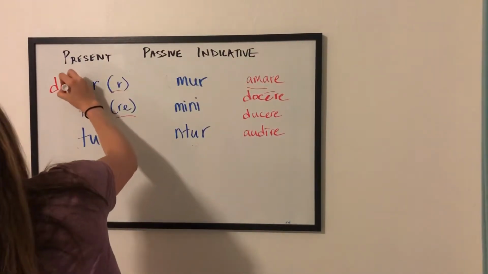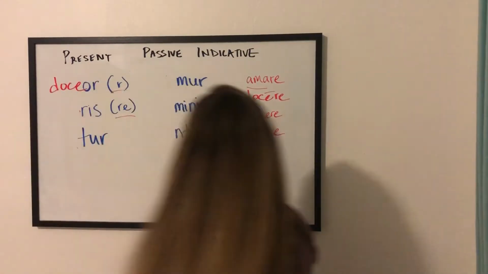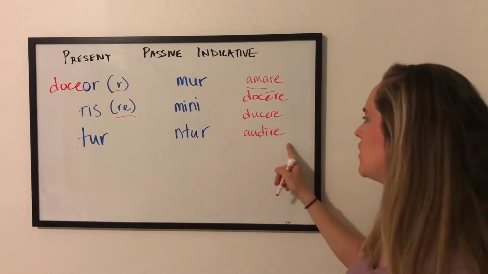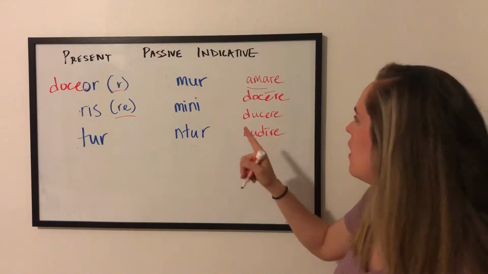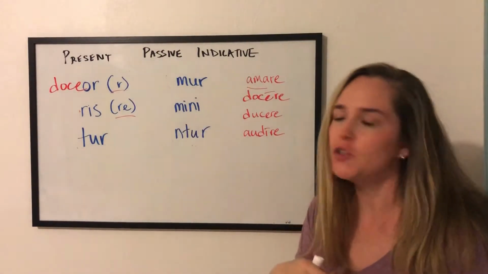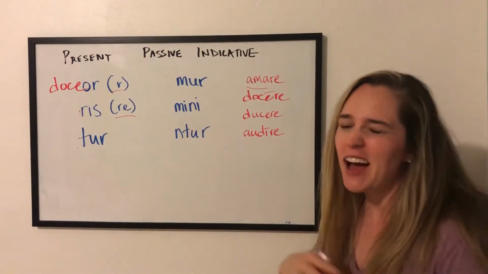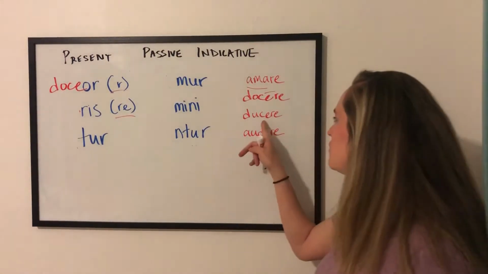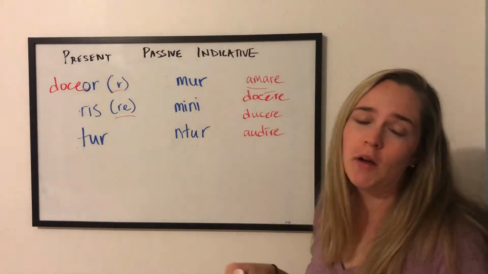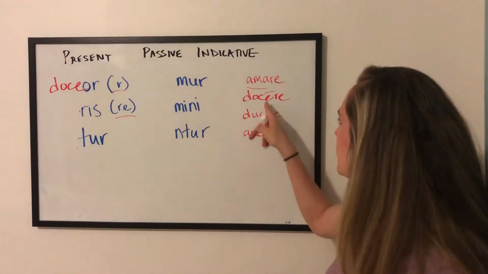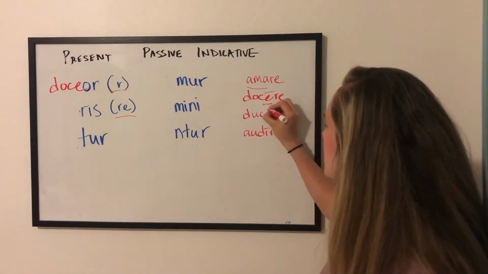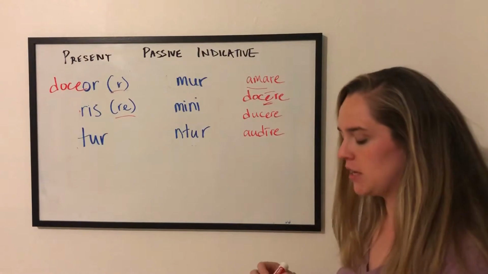You'd keep the E. Whereas in the other verbs, in the other conjugations, the O subsumes the vowel. So it's just amor, I am loved. It's not amaor. Same thing for ducor would be I am led, not duceor. But for the second conjugation, we have that strong E here and it stays in the first person singular.